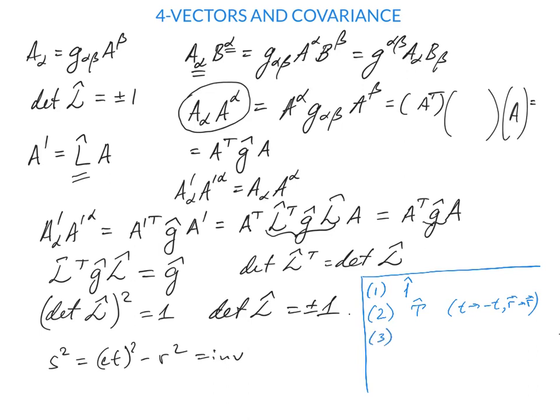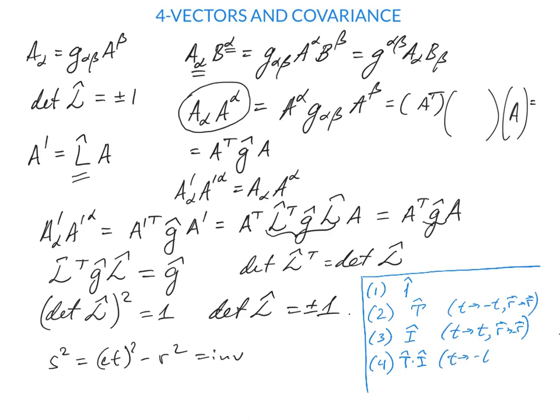The third connected component is the one that is continuously connected to the inversion operation. So it keeps the time unchanged and changes the sign of r. And the fourth one is the one that's connected to the product of these two.